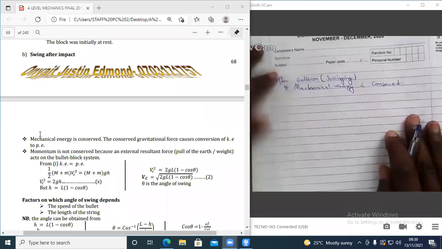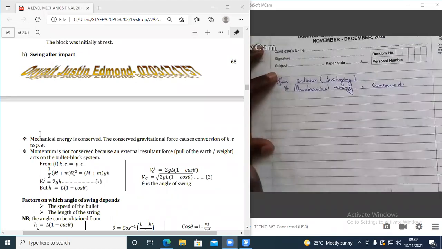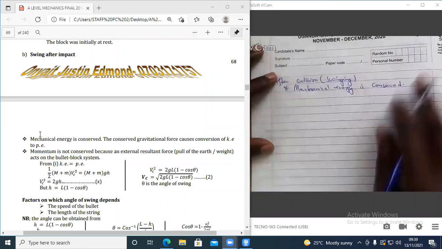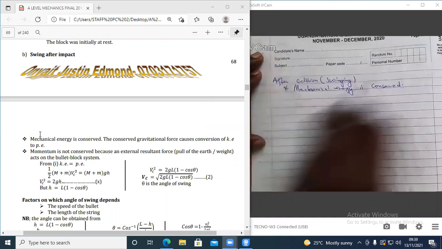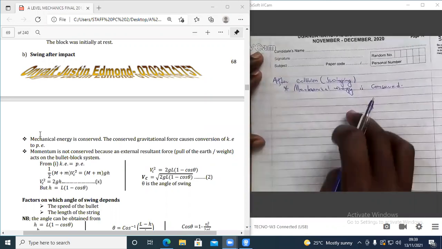Mechanical energy is conserved because both kinetic energy and potential energy can be calculated after collision, when it's swinging.